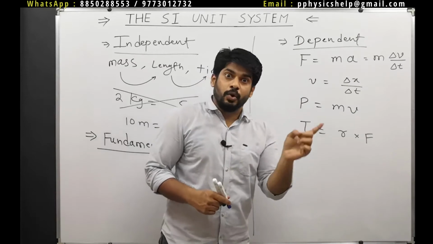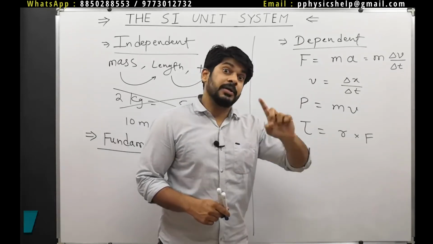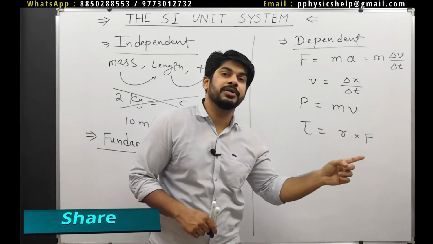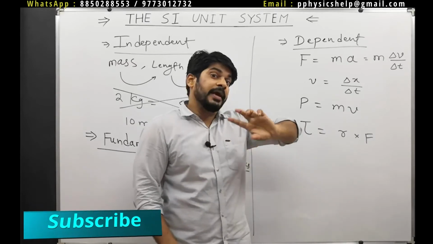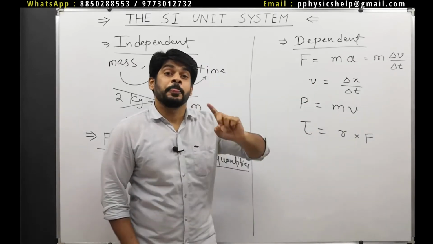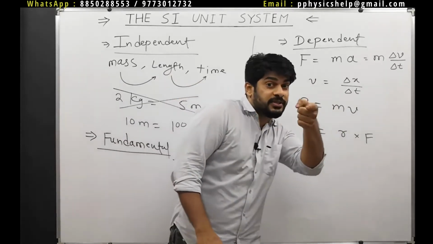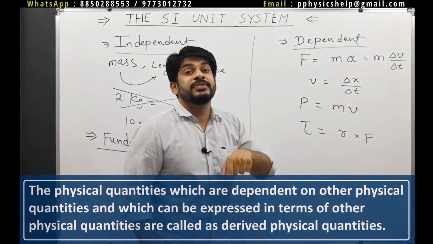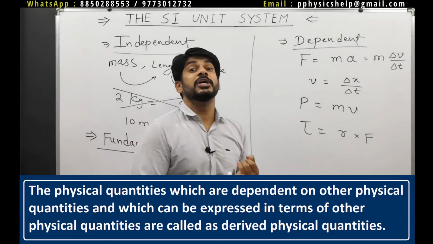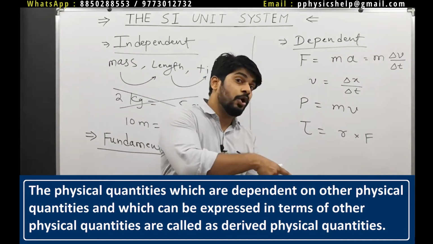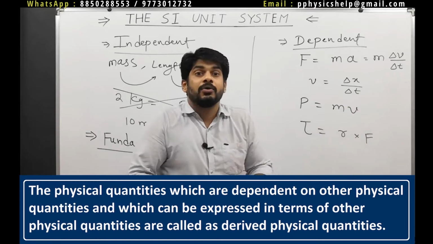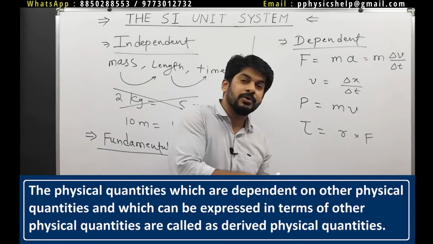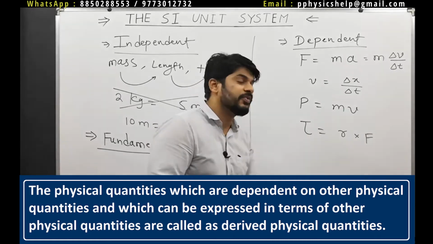And let's go here, dependent. The physical quantities which are dependent on other physical quantities and which can be expressed in terms of other physical quantities, like we have seen here, are called derived physical quantities.